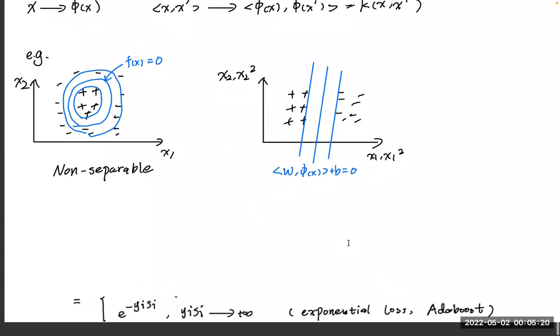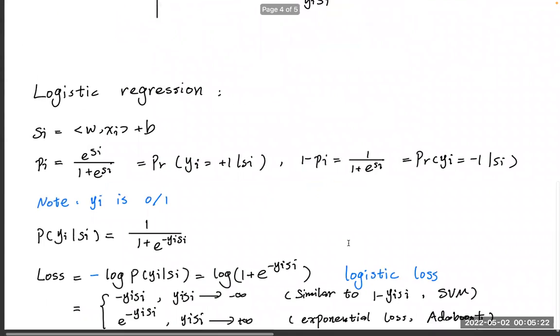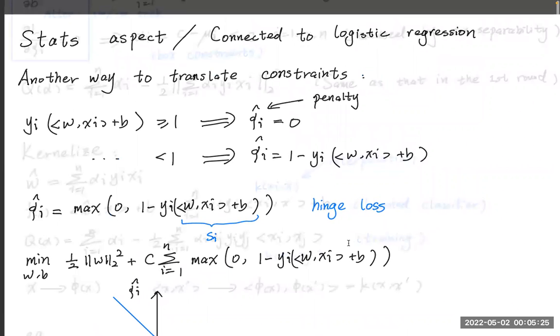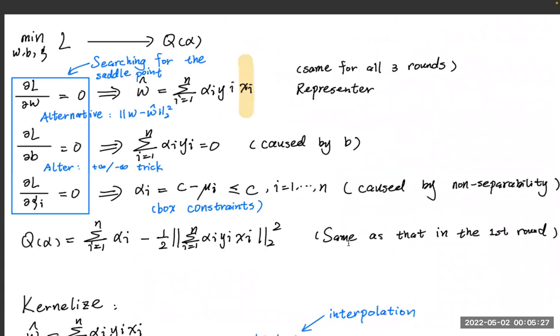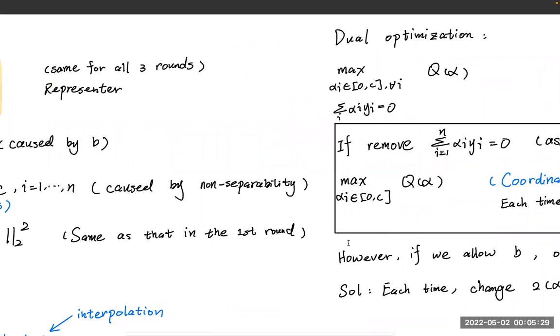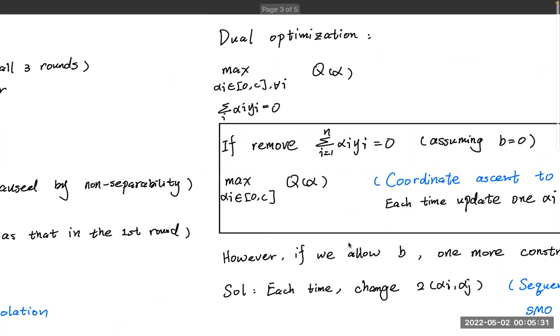The difference is only in the dual optimization. So you maximize this Q alpha, but this time alpha i belongs to the interval from 0 to C, because we showed that alpha i is less than C from this part.